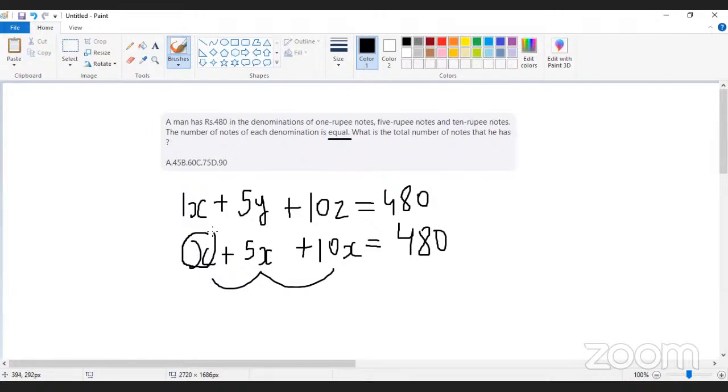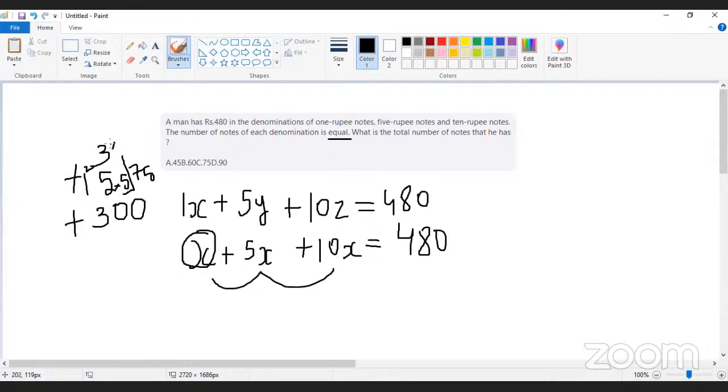So I'll have 3 plus 5 into 3, 15, since this is the 5 rupee note, plus the 10 rupee note multiplied into 3, which is 30. Now 30 notes, 300 times, this is 5, 25, and 75 notes. And 3 notes are there.